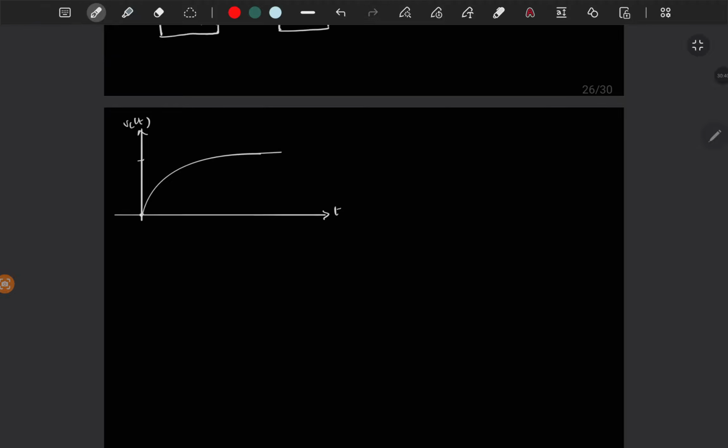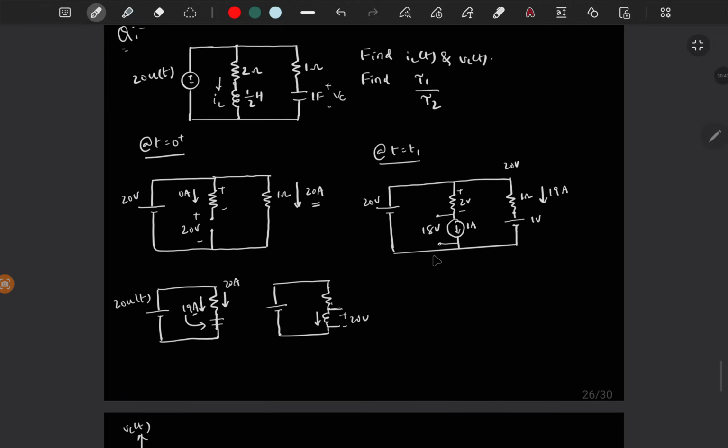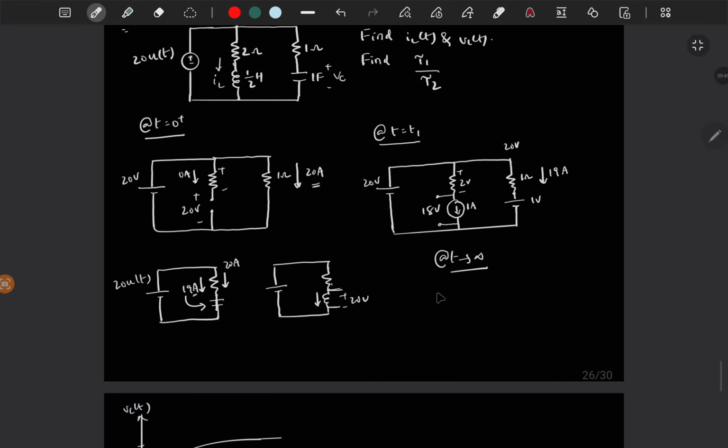And this will be charged completely to 20 volts, right? So at t tends to infinity, the inductor will be short circuited and the capacitor will be open circuited.